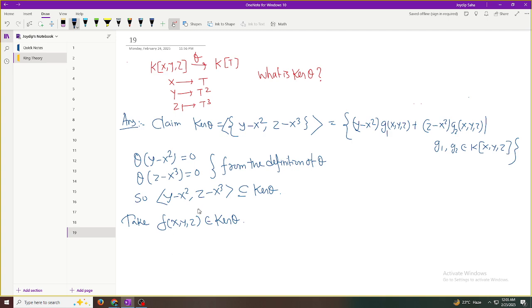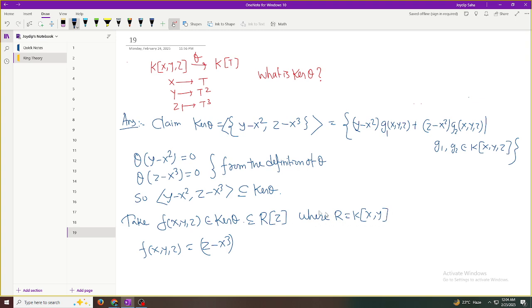Now divide f(x,y,z) by z minus x cube, in the polynomial ring R[z], where R is k[x,y].